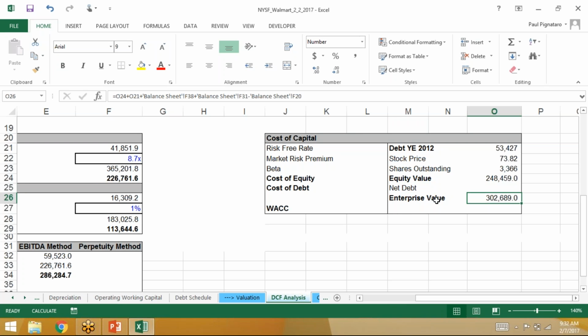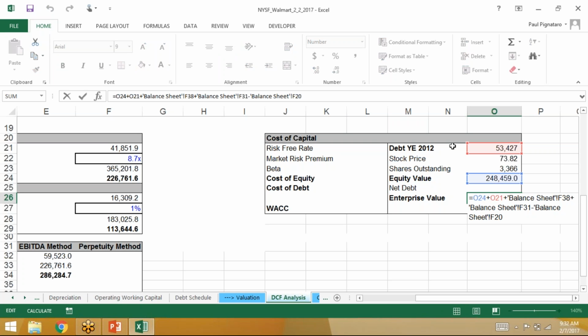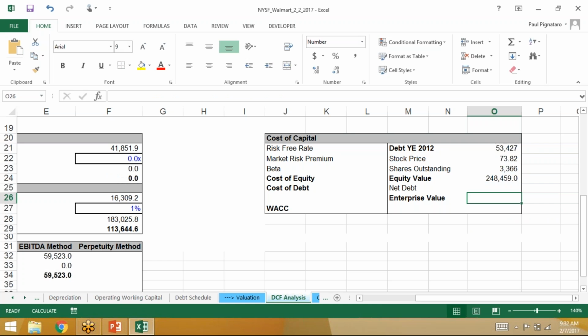So in the enterprise value, this whole 021 plus 024 plus balance sheet, all this stuff, I'm going to separate out as net debt. So I'm going to put net debt here.